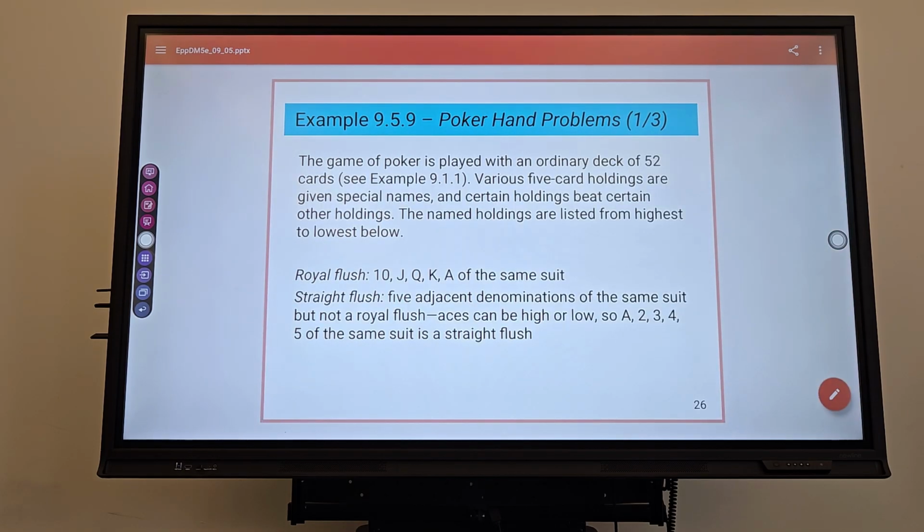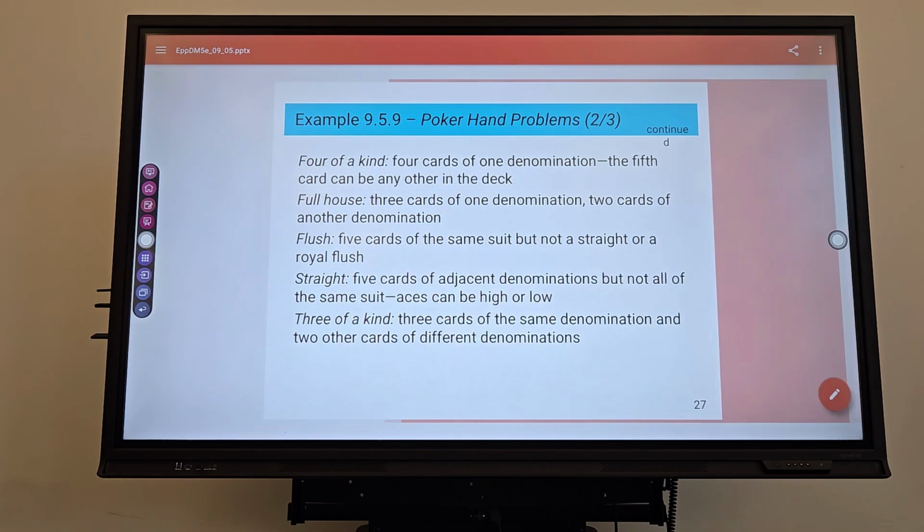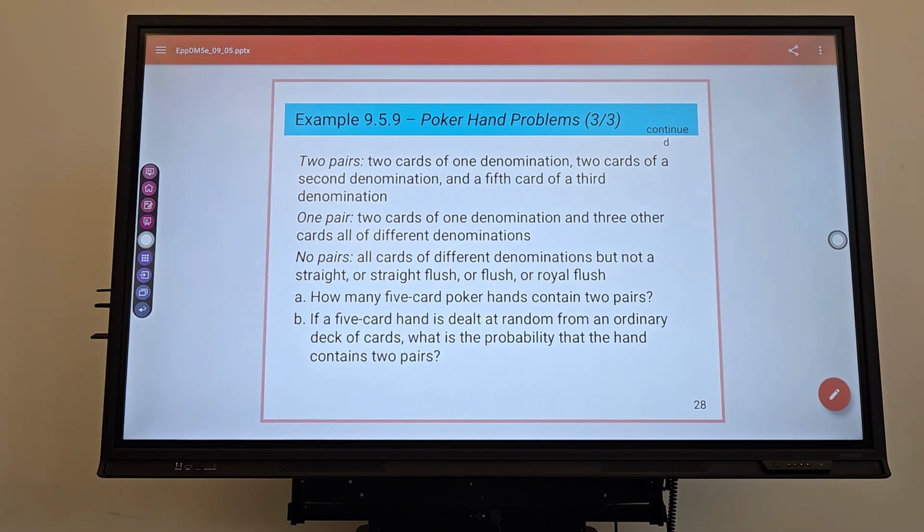Poker. The game of poker is played with an ordinary deck of 52 cards. Various 5-card holdings are given special names, and certain holdings beat certain other holdings. The named holdings are listed from the highest to the lowest here: royal flush, straight flush, 4 of a kind, full house, flush, straight, 3 of a kind, 2 pairs, 1 pair, no pairs.